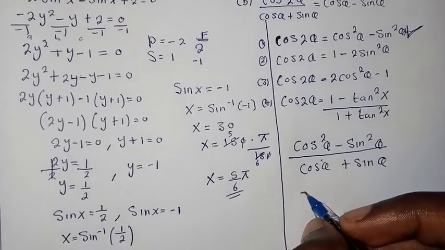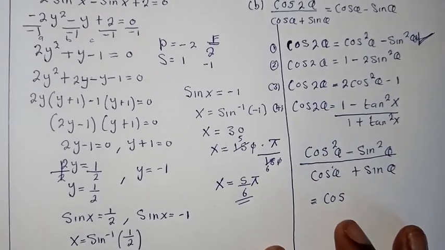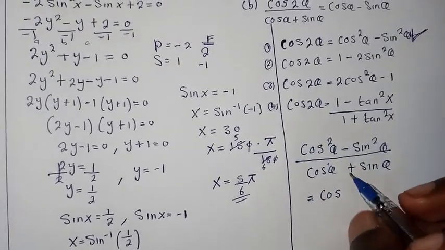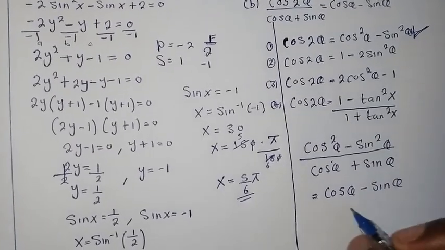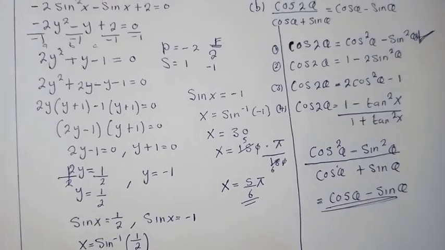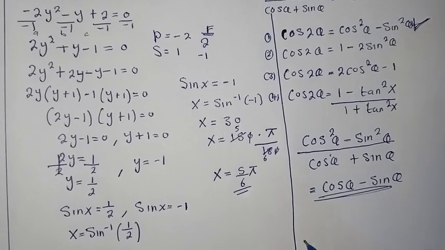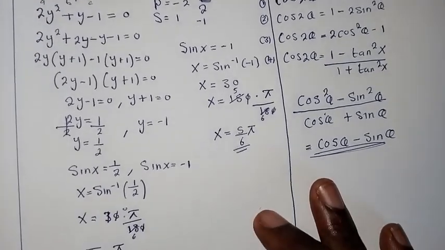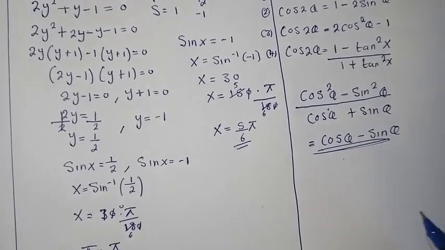So you are going to have something like cosine theta minus sine theta. Like that. You're going to have something like this.